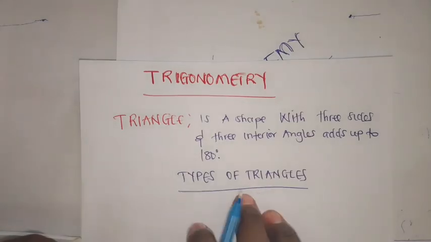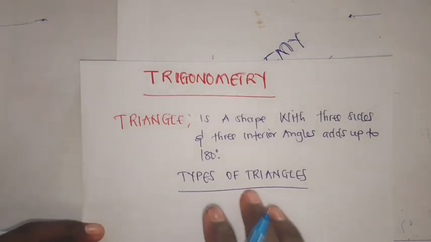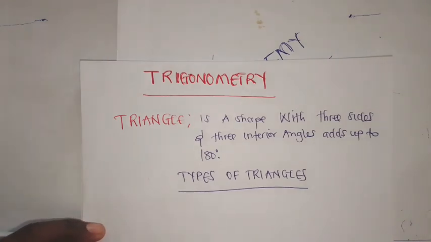But when you go to university, that's A level, you won't even see triangles in the trigonometry. So let's talk about types of triangles.